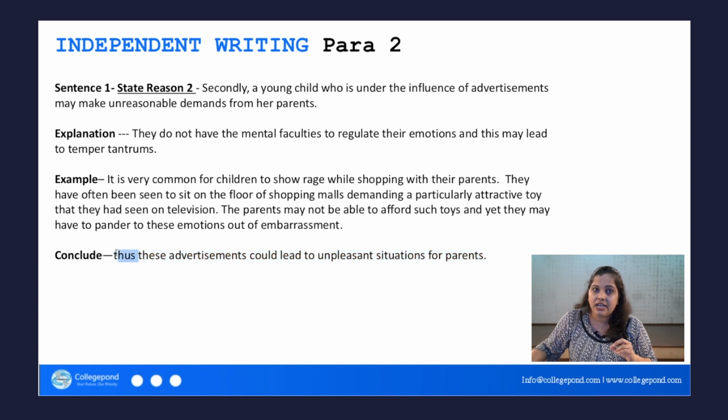This word here, thus, is a conclusion marker, which all of us know. So you can use that to mark conclusions within the essay as well. So remember, every paragraph has a reason, an explanation, an example that supports the reason, and a conclusion that kind of sums up that particular paragraph.